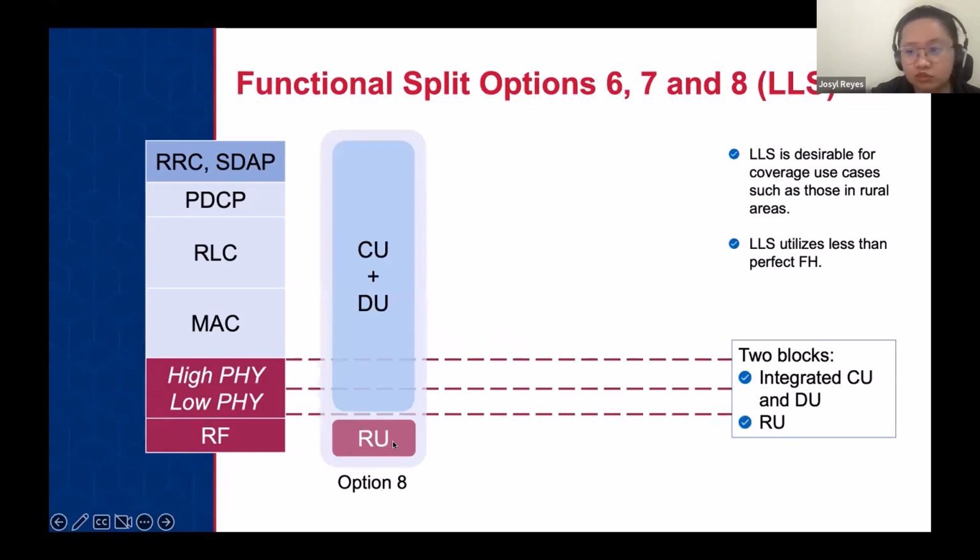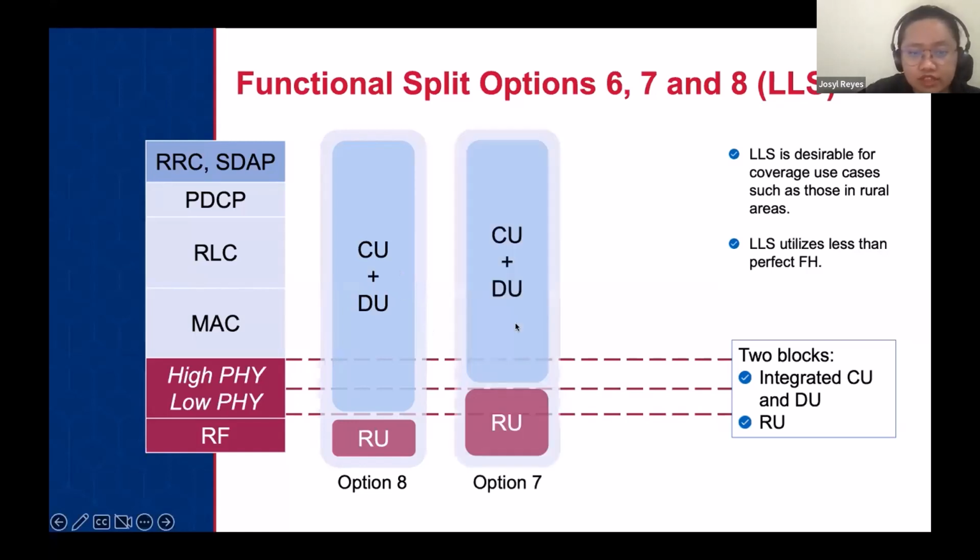So the RU function is only for radio frequency, so for analog digital conversion, while the integrated CU and DU is hosting all the other RAN protocols. Okay, so later we'll describe each of these split options further.